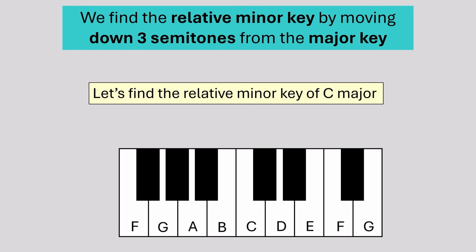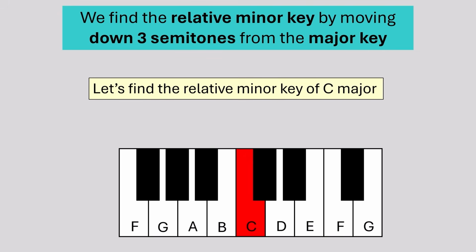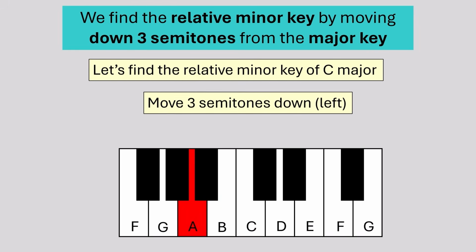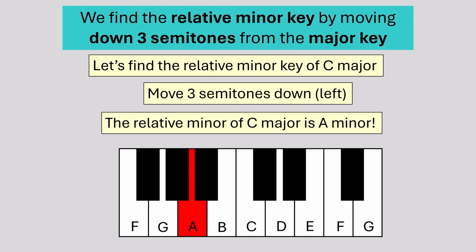Let's find the relative minor key of C major. Going to start on C and move 3 semitones down. And we've just found out the relative minor of C major is A minor.